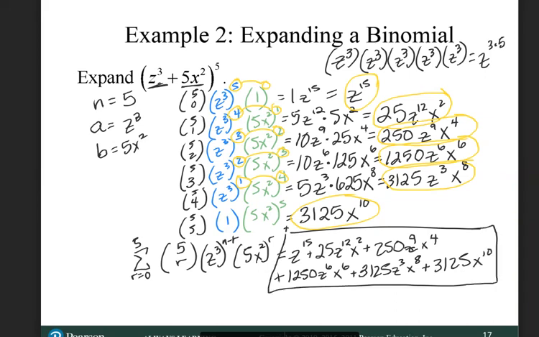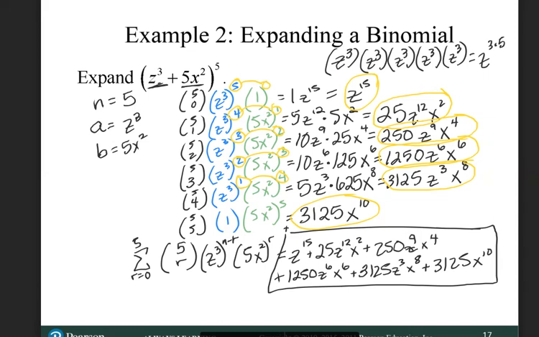And that's all of them. So this was x to the 5th. I have 6 terms, 1, 2, 3, and then 3, 4, 5, 6. Yep, I've got all 6 terms. It's a good check to make at the end to make sure I didn't skip anything. Okay, so that is the binomial theorem.